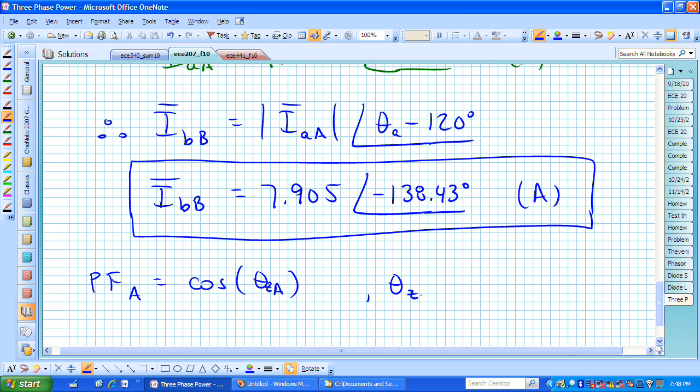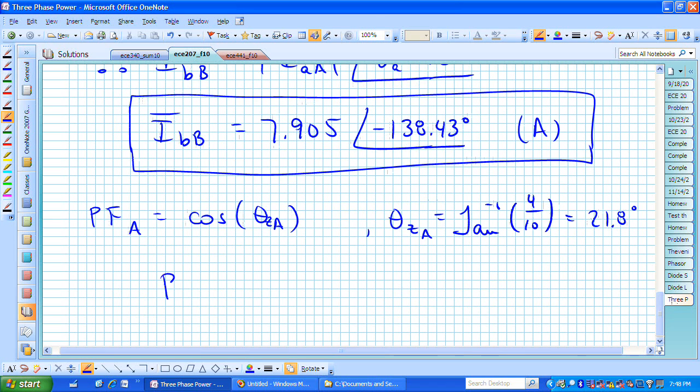The impedance angle, theta sub z of A, is just the inverse tangent of 4 over 10. Our impedance of z sub A, or any of the loads, was a real part of 10 and an imaginary part of J4, and we found that the inverse tangent of 4 over 10 is 21.8 degrees.